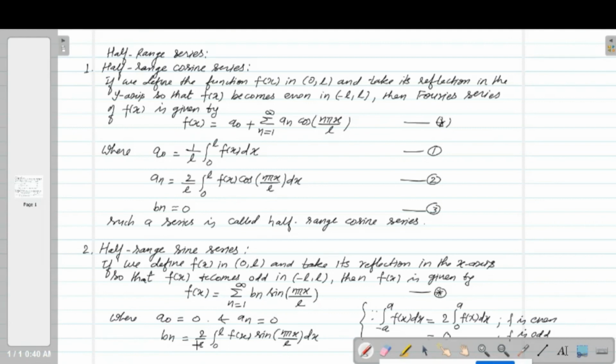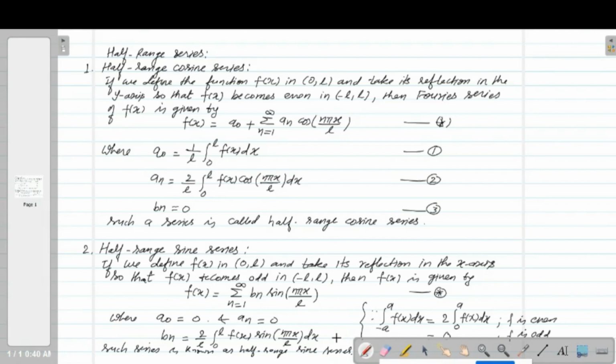Such a series is known as the half range sine series.